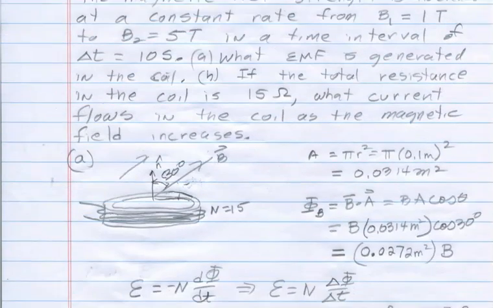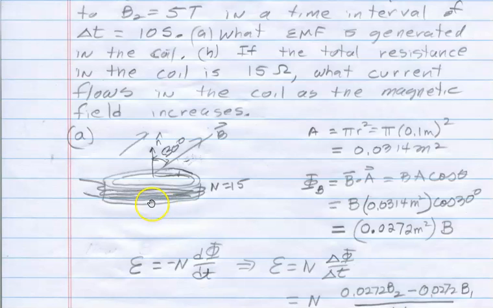So I drew a crude picture of it. We've got a circular coil, 15 turns, radius 10 centimeters, and then the magnetic field direction, it's always pointing in the same direction, but it's getting stronger. But the angle that it makes is this 30 degrees. So I first calculated preliminarily the area enclosed. So it's circular, and so I know the area of a circle of radius 0.1 meters.